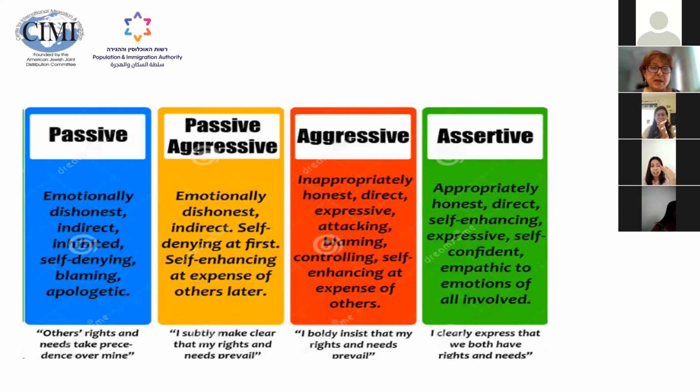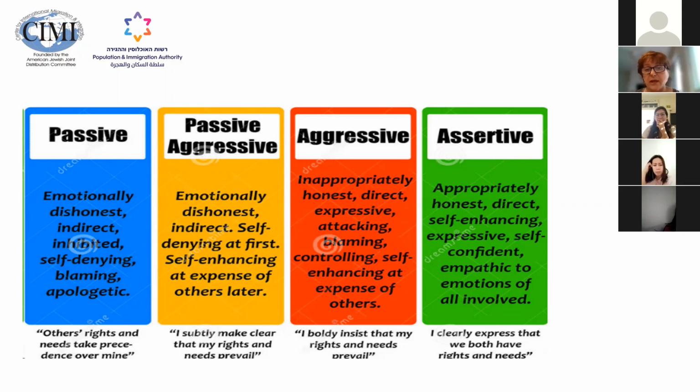So let's sum this up a little bit. We talked about passive, passive-aggressive, aggressive, and assertive behavior, and some of the main components that are in each of them. Passive communicators are emotionally dishonest, indirect, inhibited, self-denying, blaming, and apologetic. Passive-aggressive communicators are emotionally dishonest, indirect, self-denying at first, self-enhancing at the expense of others later.